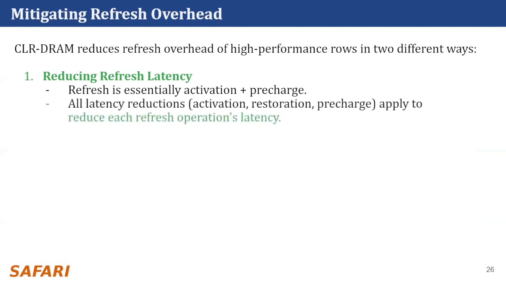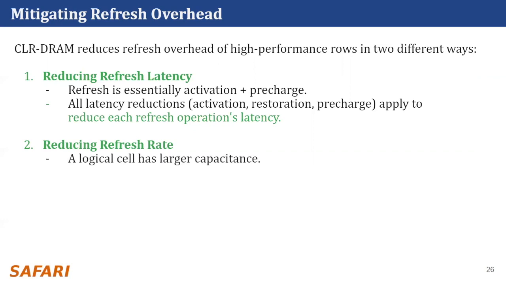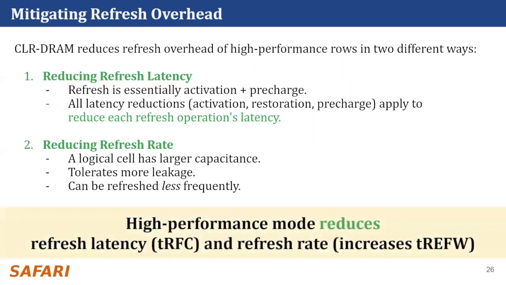The activation, restoration, and pre-charge latency reductions also apply to reduce the latency of refreshing a DRAM row. Second, since a logical cell contains two physical DRAM cells, it has a larger effective capacitance to tolerate more charge leakage. Therefore, less refresh operation is needed for high-performance mode rows. We conclude that CLR-DRAM could reduce both the refresh latency and the refresh rate for rows operating in high-performance mode.